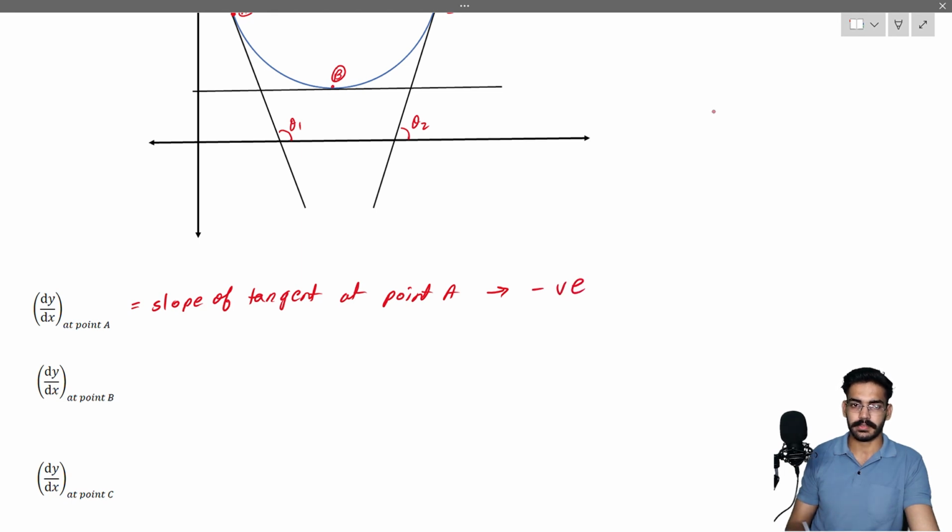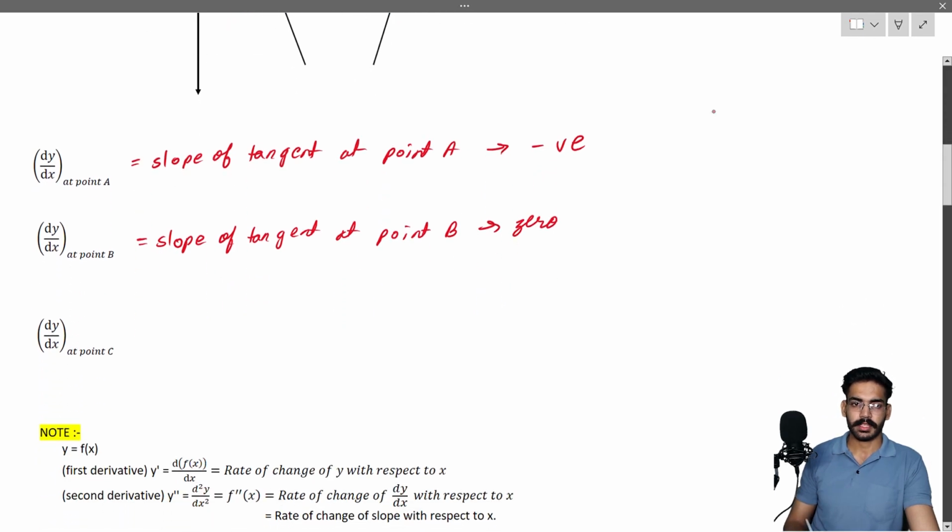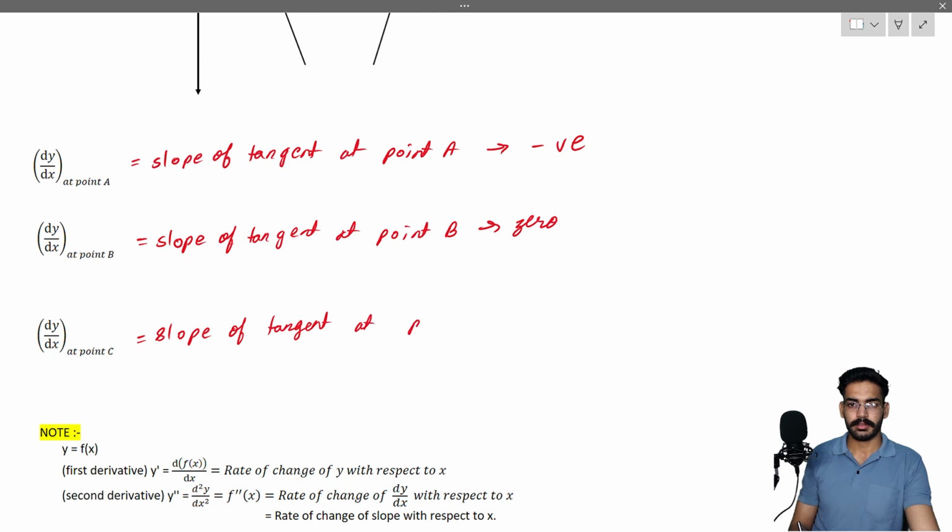At point B, dy by dx is the slope of the tangent at point B, which I can write as 0, because the slope is 0. And this is the slope of the tangent at point C, which is positive.